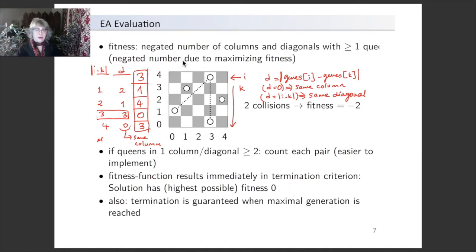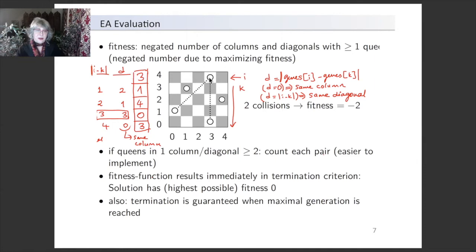In order to find the columns and diagonals having more than one queen, we are using a value d, which is defined as the value for gene I minus the value of gene K in the chromosome. We are taking the absolute value of this difference.